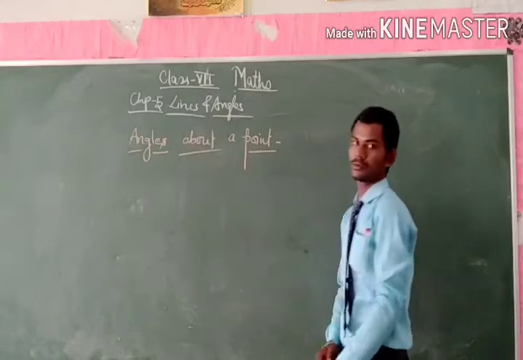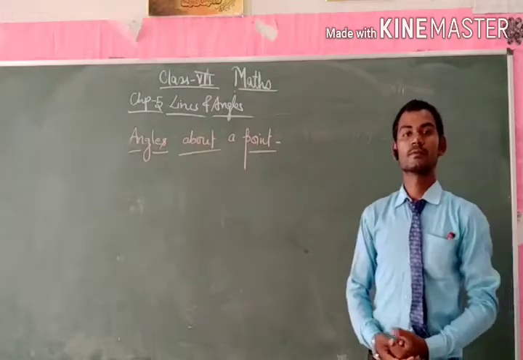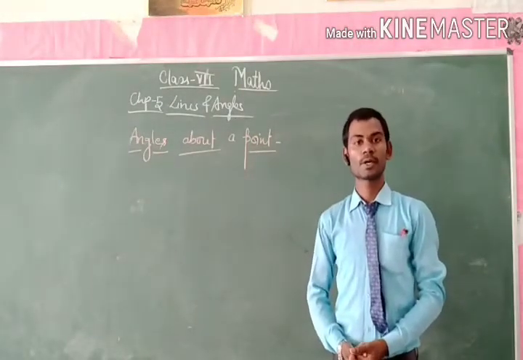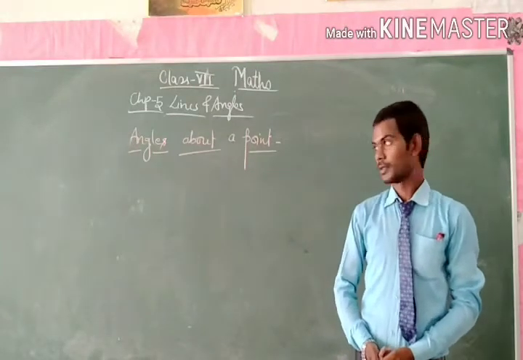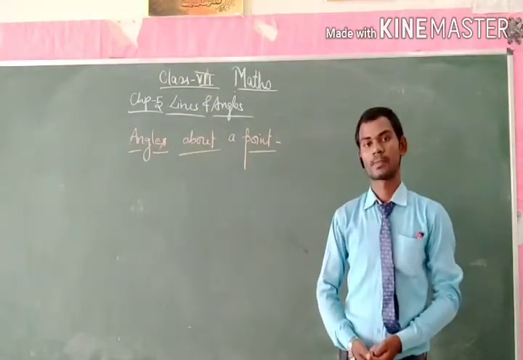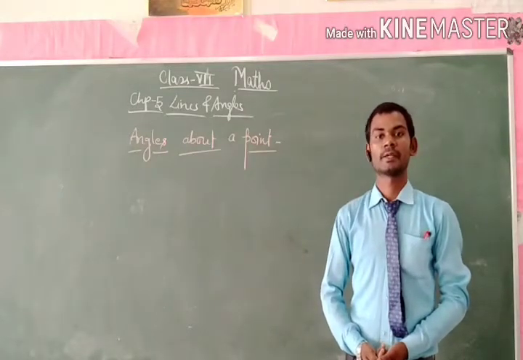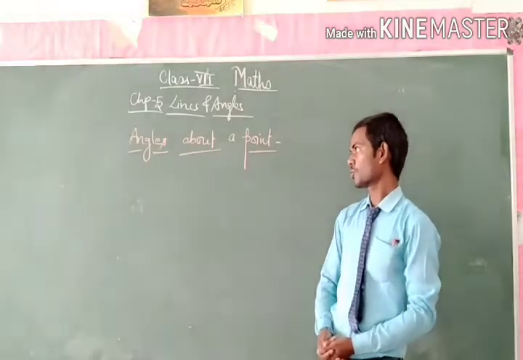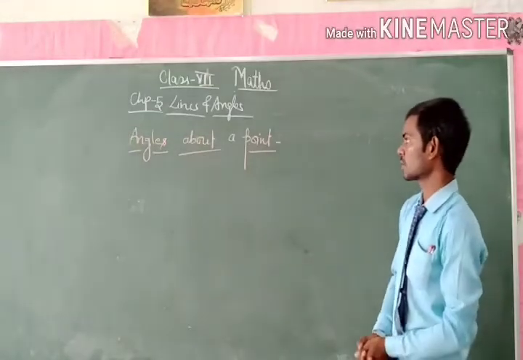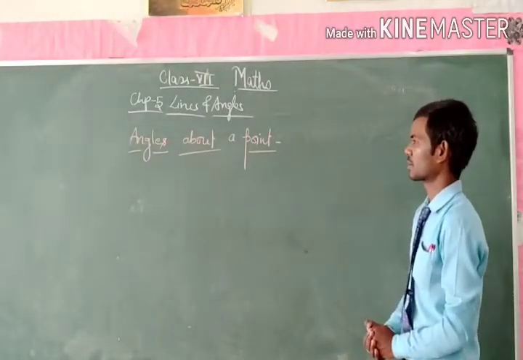We have also discussed various types of pairs of angles, and I hope you understood everything easily and still remember. So let us see what is the angle about the point.